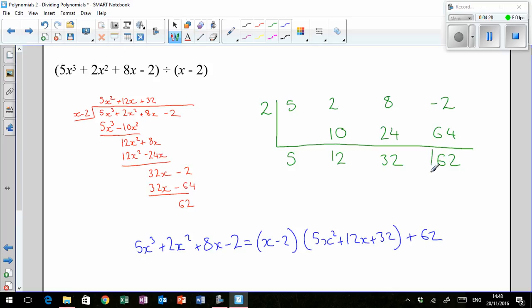Now what we'll see is that remainder matches up really nicely. That remainder is 62. In there, you've got your remainder.